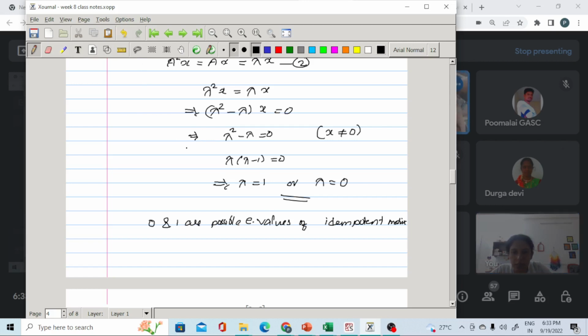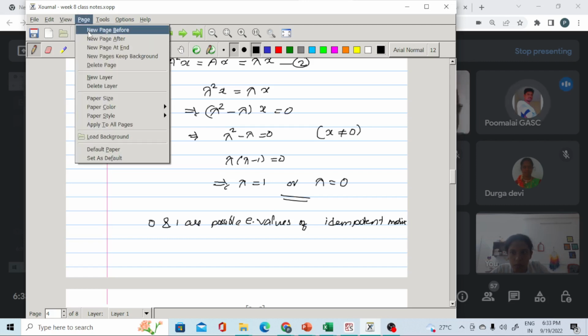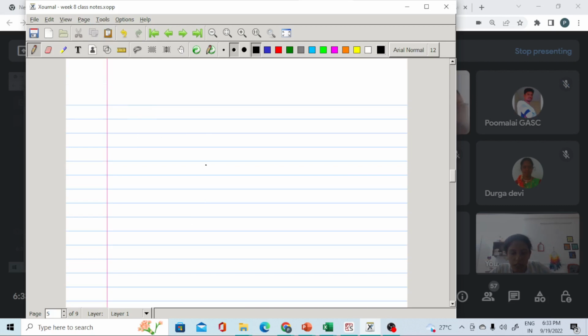Let me check. I am taking A equals the zero matrix, 0 0 0 0. Is this A idempotent? Yes, A square equals A. Then what are the eigenvalues of A?